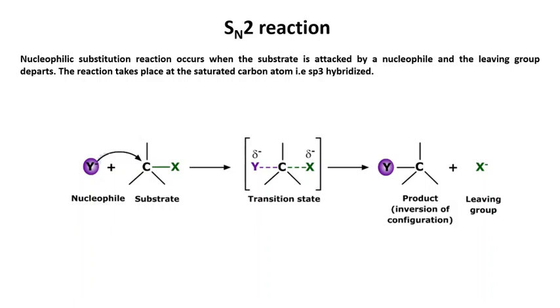One lobe of this p orbital overlaps with the leaving group, and its opposite lobe may overlap with the nucleophile. Therefore, the nucleophile can undergo rear side attack in these reactions.